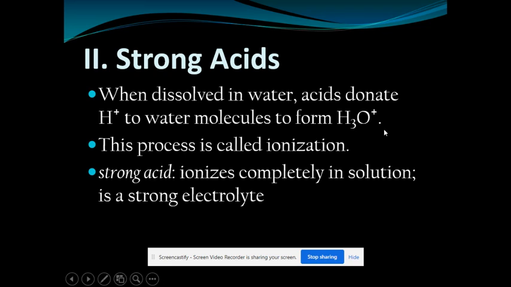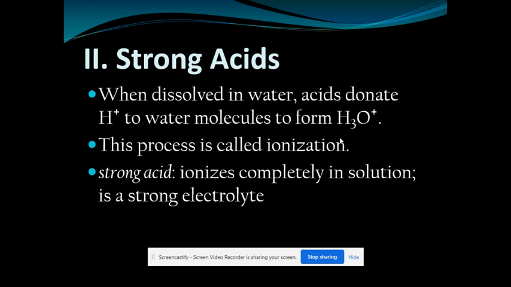Okay, folks, that's the key, really. When you're talking about strength of acids and bases, it has to do with how much of the ion it makes in water. So since the hydronium ion is what's made by an acid in water, if you make a lot of hydronium in water, you're considered a strong acid, okay?